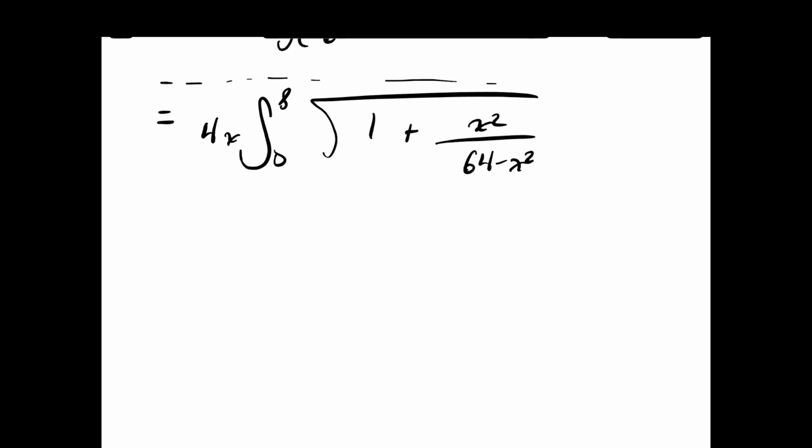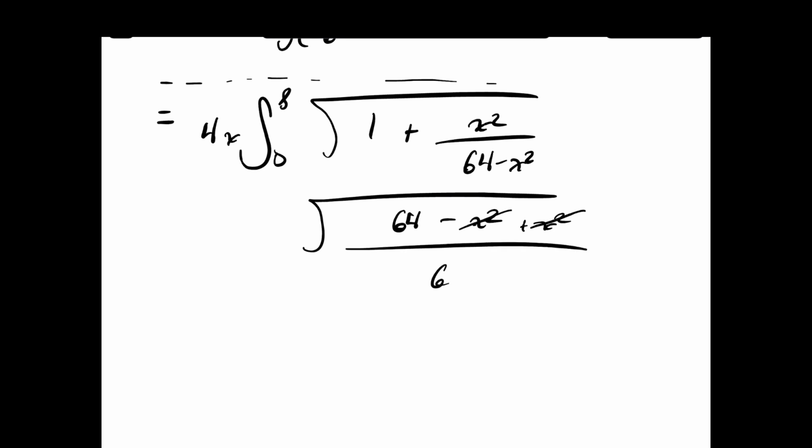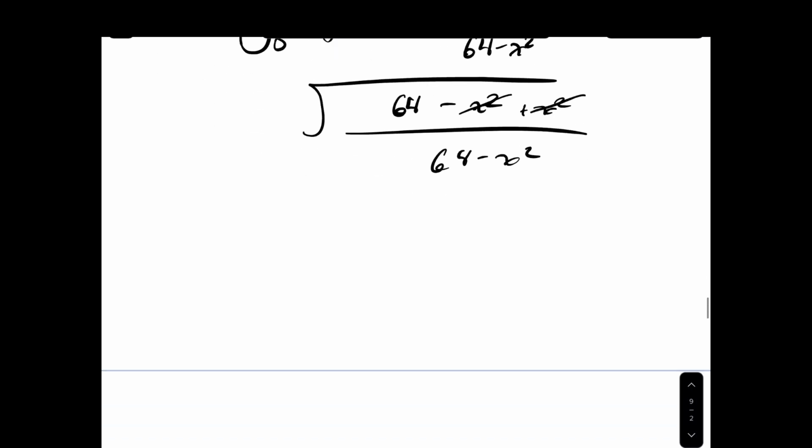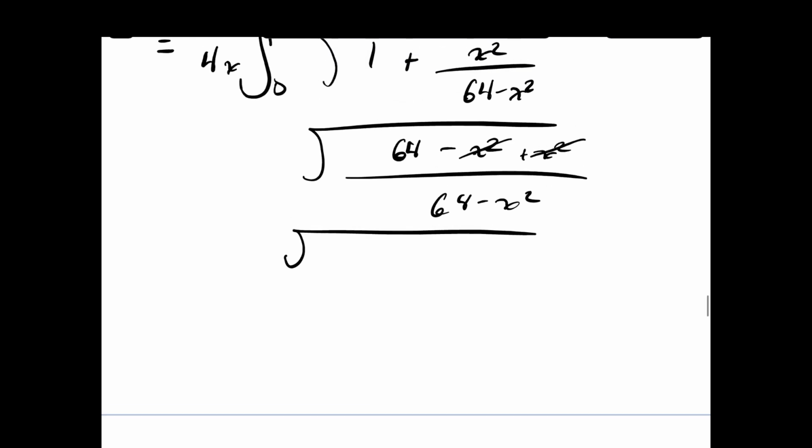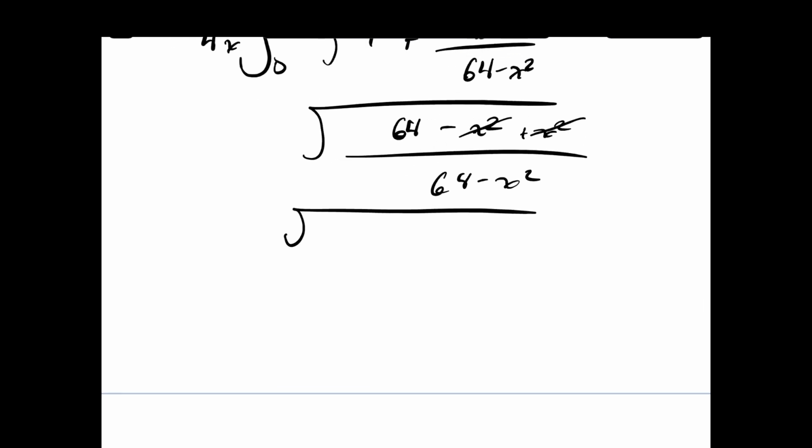Okay, so I can only assume that at this point he multiplies up, you get 64 minus x squared plus x squared, cancels, you're gonna get 64 over 64 minus x squared.